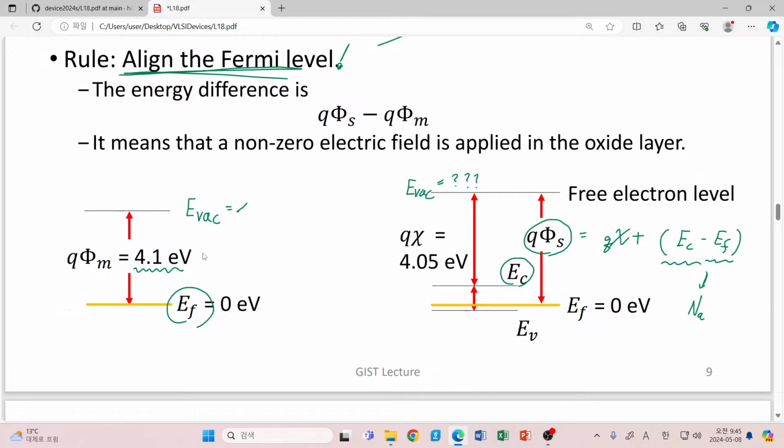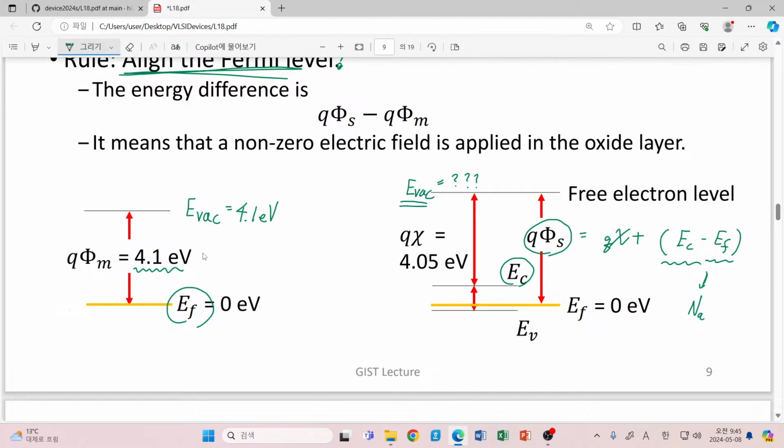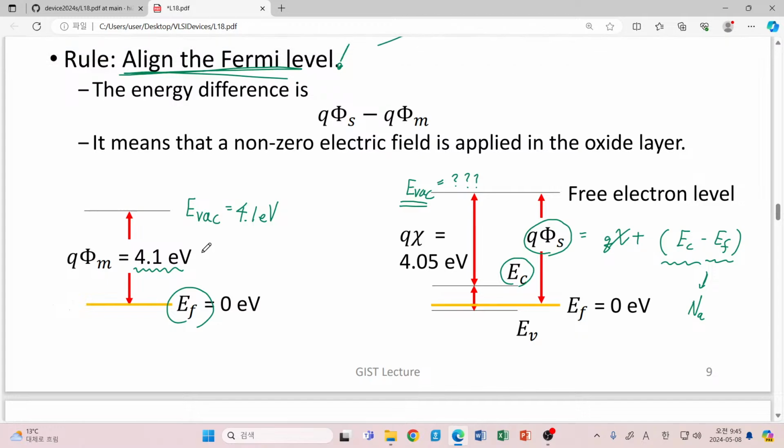So the vacuum level becomes just 4.1 electron volt. And in the case of the silicon vacuum level, please try to estimate it. The low value of this vacuum level would be just 4.05, corresponding to the electron affinity.